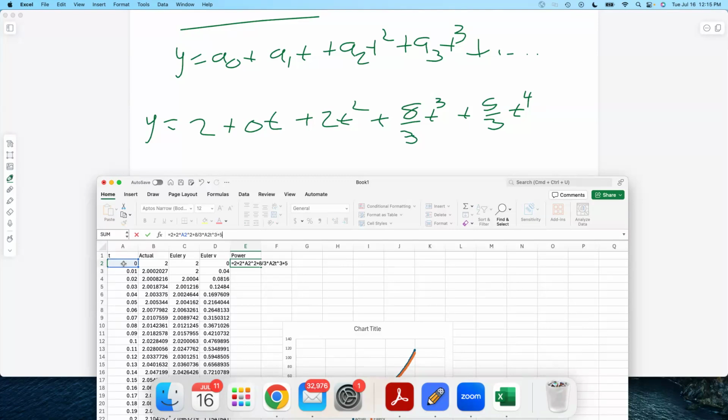Plus 5/3 times current t to the fourth. And you would just type out some big, long, nasty thing, go at least up to the 10th power, at least. What went wrong? There's no t. Okay. Oh, good. That worked out.